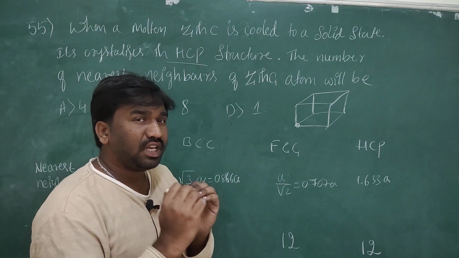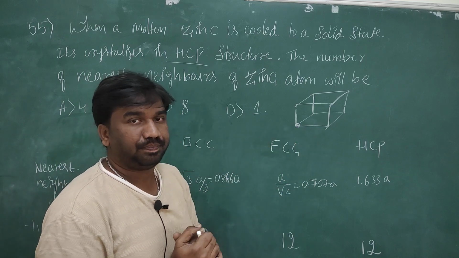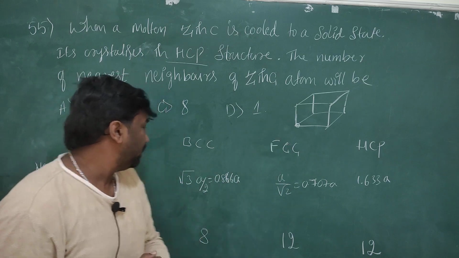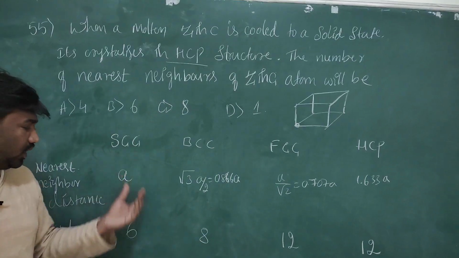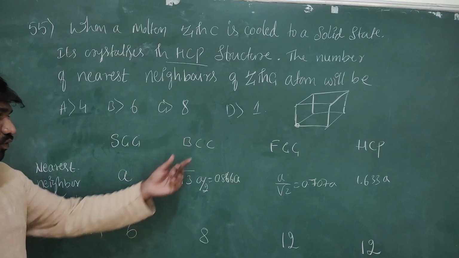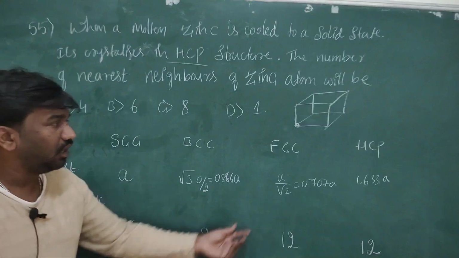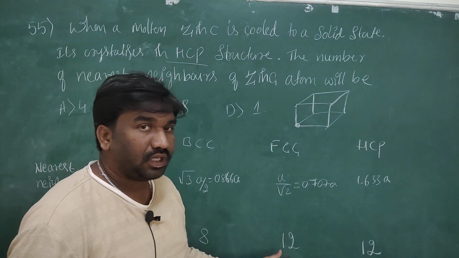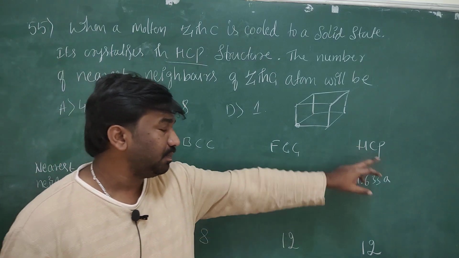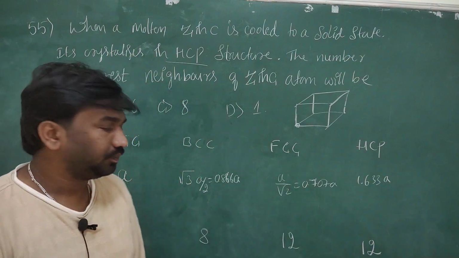Nearest means very near to this lattice point. For simple cubic, the number of nearest atoms or lattice points is 6, for BCC it is 8, and for FCC it is 12. For HCP it is also 12.